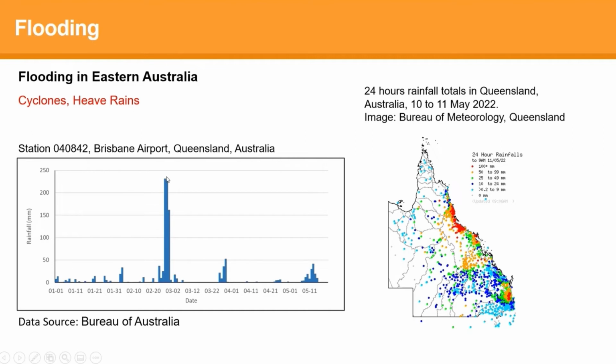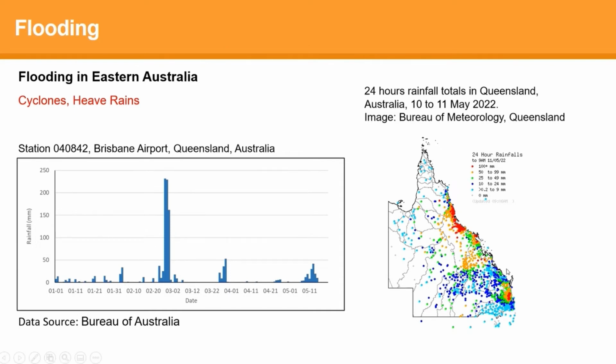You see here, end of February, early March, just 2 days, almost 500 millimeter rainfall. And if I count this one in, that's almost 600 millimeter in 3 days. So that's a huge amount of rain down to the city in 3 days.